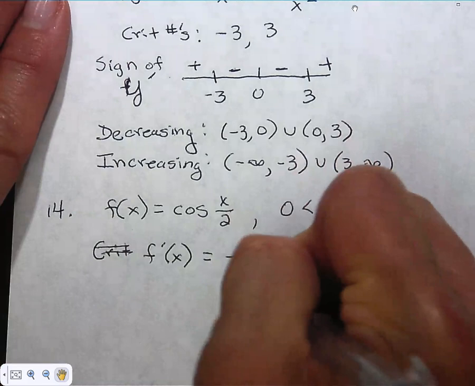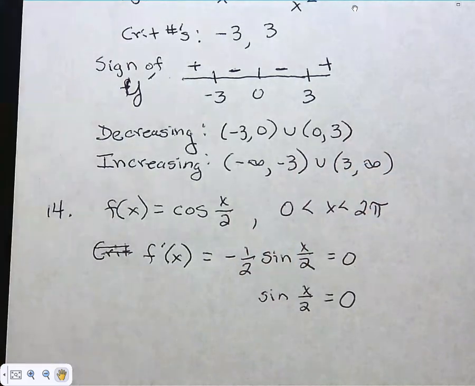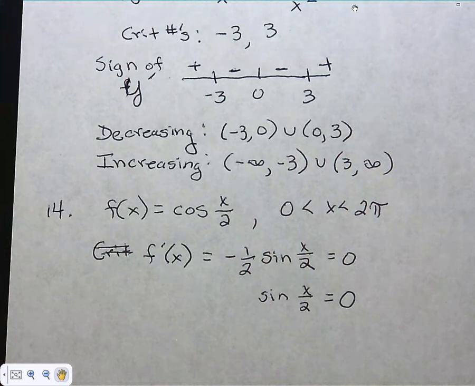I'm just looking for what makes sine of x over 2 equal 0. Hey, can I multiply both sides by 2 to clear out the fractions? Oh, I would love it if I could do that, but no. That 2 is part of the argument of sine. I can't clear it out just by multiplying both sides by 2. So how do I solve that?